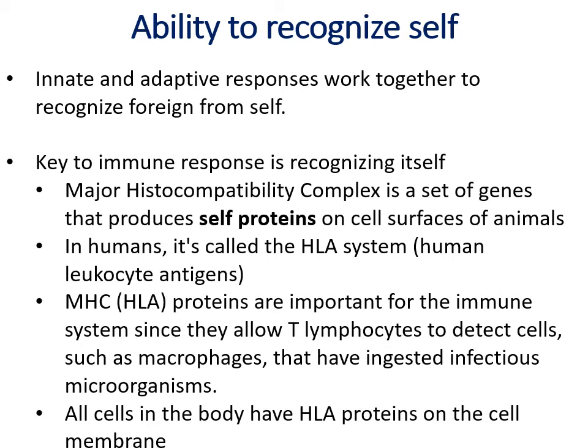Okay, so if you see MHC, which is major histocompatibility complex, or HLA, which is human leukocyte antigens, these are proteins that are on cells that allow the immune system to recognize itself, but also it can recognize foreign invaders. Okay? So let's say a foreign bacteria comes in and is attacked by a macrophage and then introduced to the T cells.